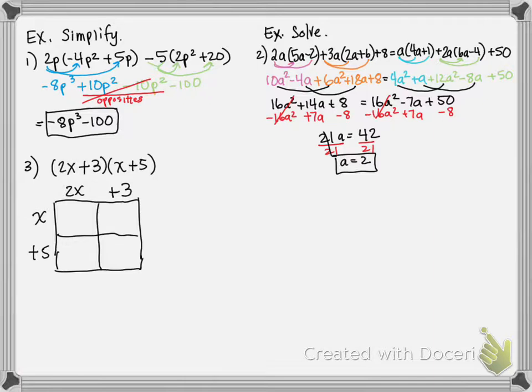So this guy is going to be 2x times x, which is going to give me 2x squared. And then we're going to have 3 times x, which is just going to give me positive 3x. And then we're going to do 2x times 5, and that's going to give me a positive 10x, and then we get 3 times 5, which is going to give me the 15.